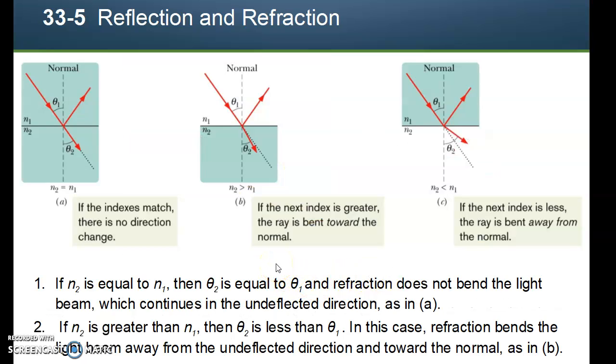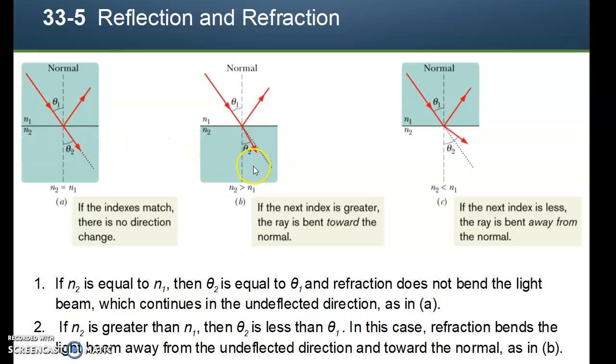So, what are some of the things we know about these? If n2 equals n1, then theta 2 equals theta 1, and the refraction does not bend the light beam, which continues in an undeflected direction. And that's this example right here. This angle equals this angle, so this is a straight line when n1 equals n2.